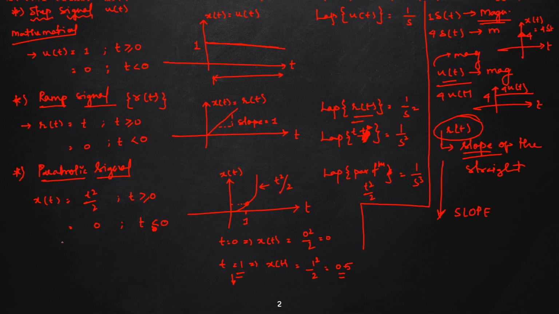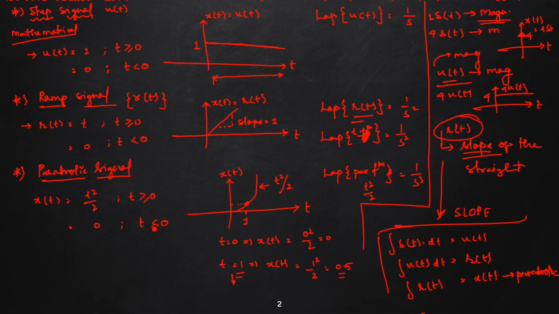One more basic important thing to remember here is, if you integrate an impulse signal, then we will get a step signal. If you integrate this step signal again, you will get a ramp signal. If you integrate the ramp signal, then we will get x of t, which is a parabolic signal. If you remember this configuration, it's fine.